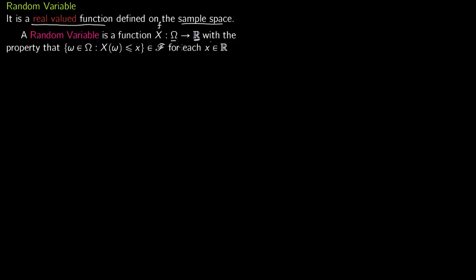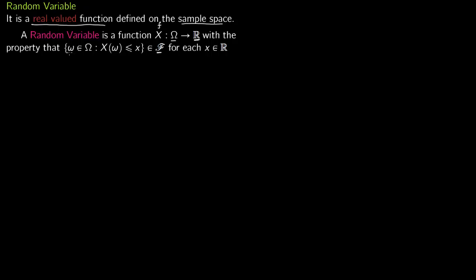Now it has an important property that the domain it acts on lies in a sigma field. So that is function x acting on the small omega. The small omega is part of sample space, and this x of small omega less than equal to this small x is nothing but a real number.